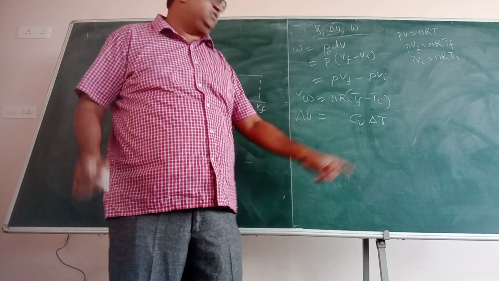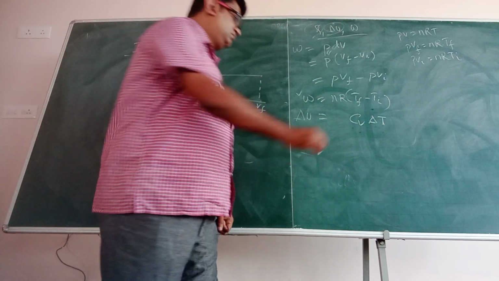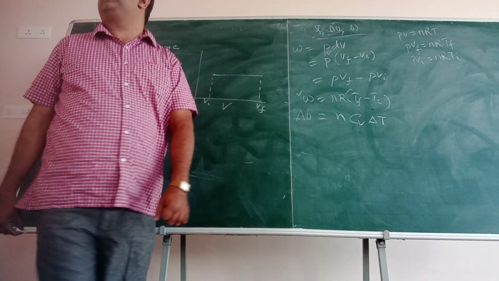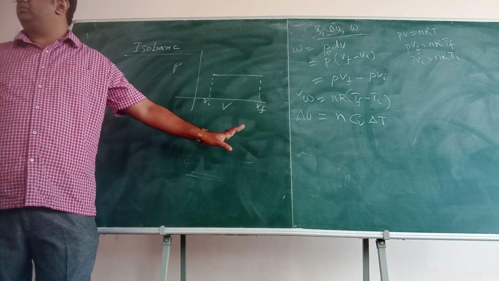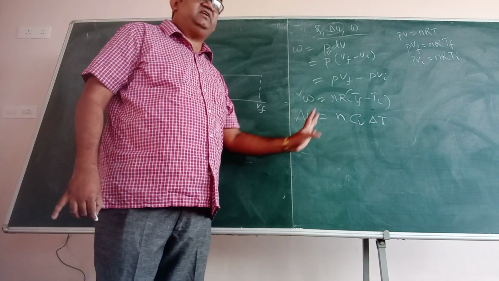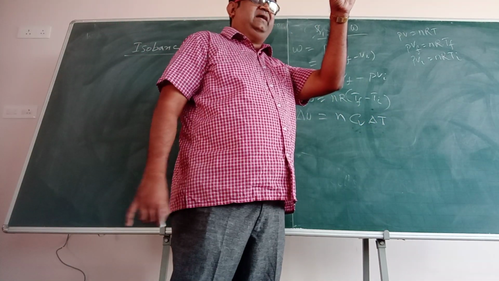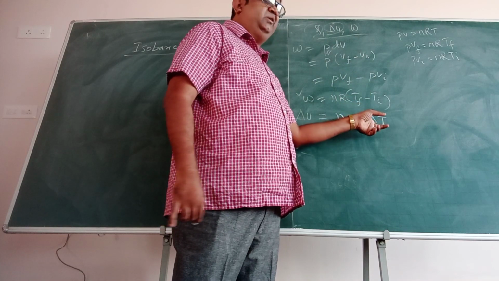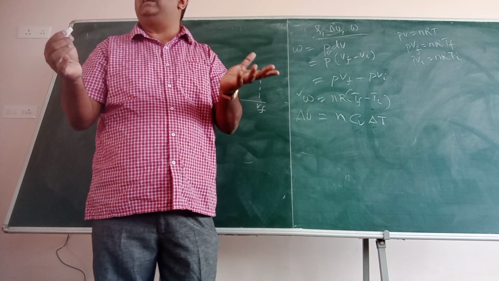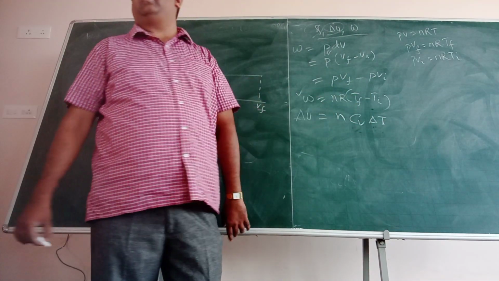How many moles are there? This is for 1 mole. Understood? Now you understand how the delta U expression has come: CV into delta T, because that much rise is there, into the number of moles.